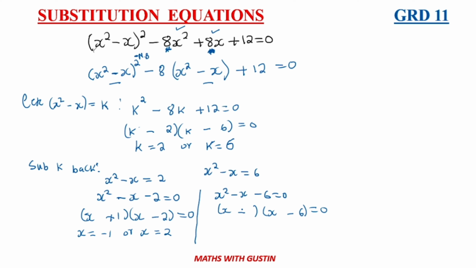Negative 6 plus 1, therefore x is going to be, is it? No, it's not. These are not the true factors here. I think it's going to be 3 and 2. Okay, yes, positive 2, negative 3. So our answer will be x equals negative 2, or x is equal to 3.